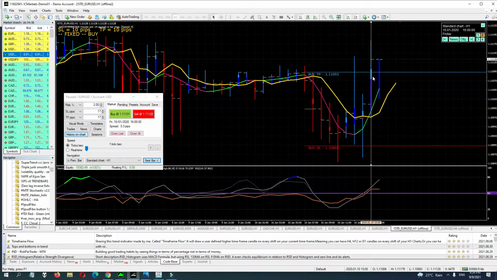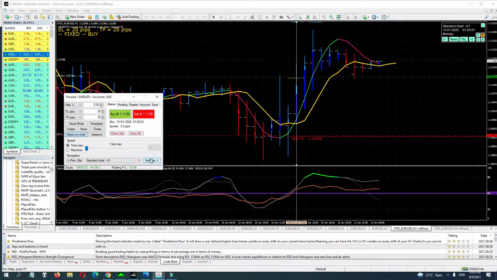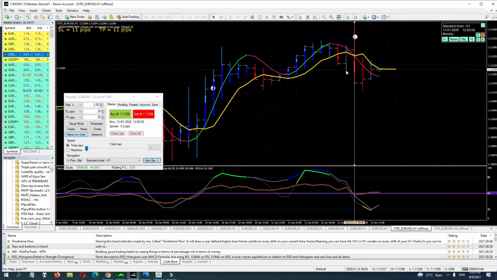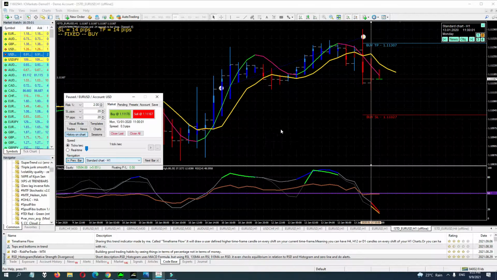Okay, so here it crossed for the first time and everything aligns above 50, so I'm going to enter. Okay, so we got it. Does it cross? Okay, it crossed here. Back down a bit. Cross.